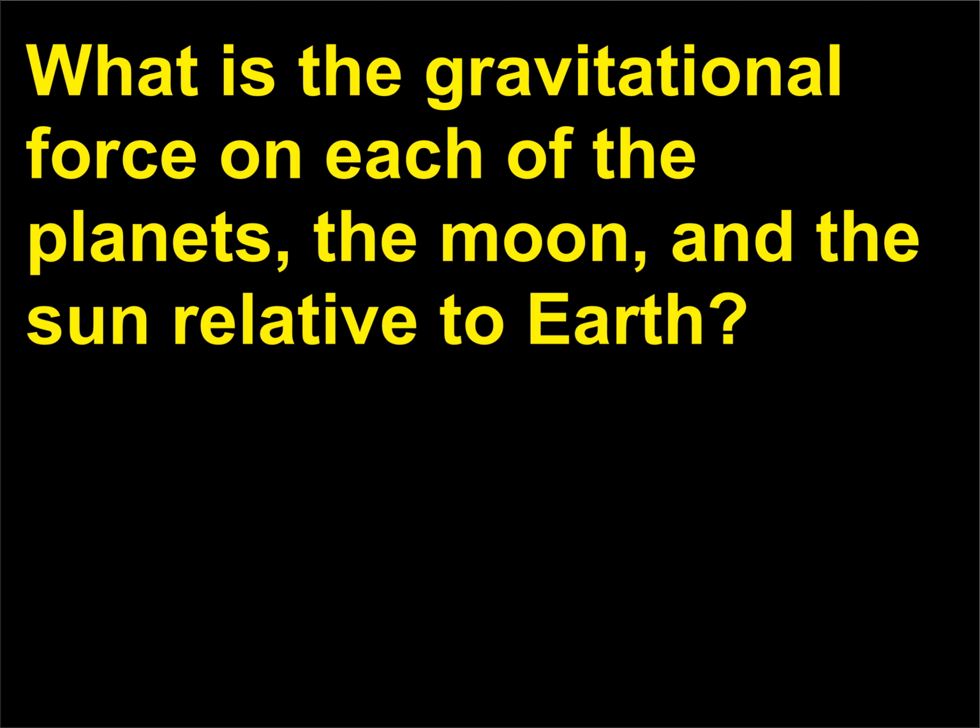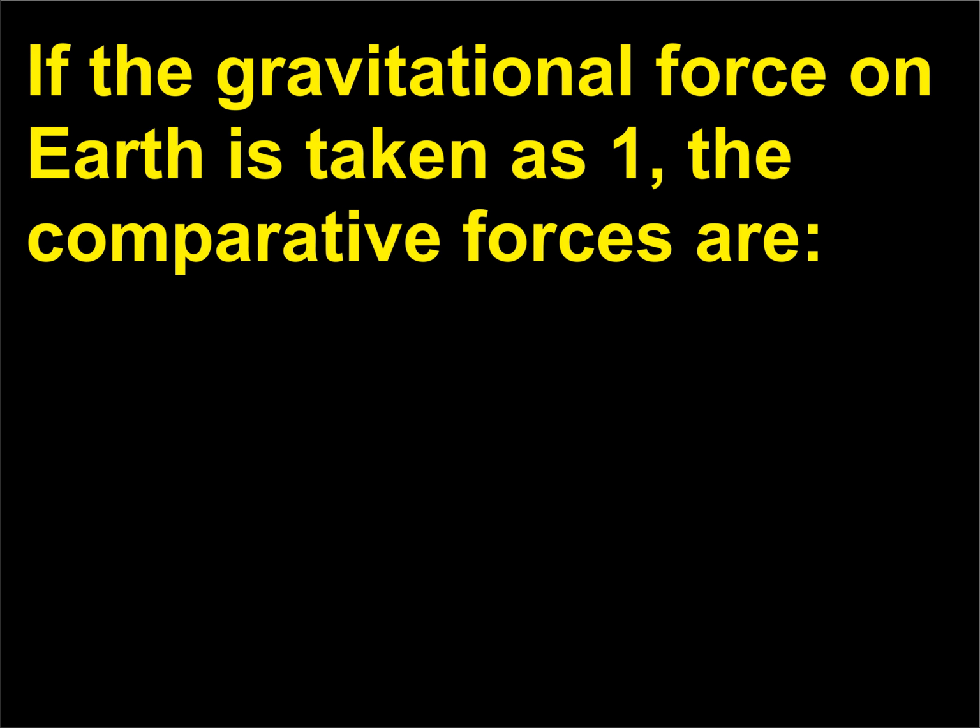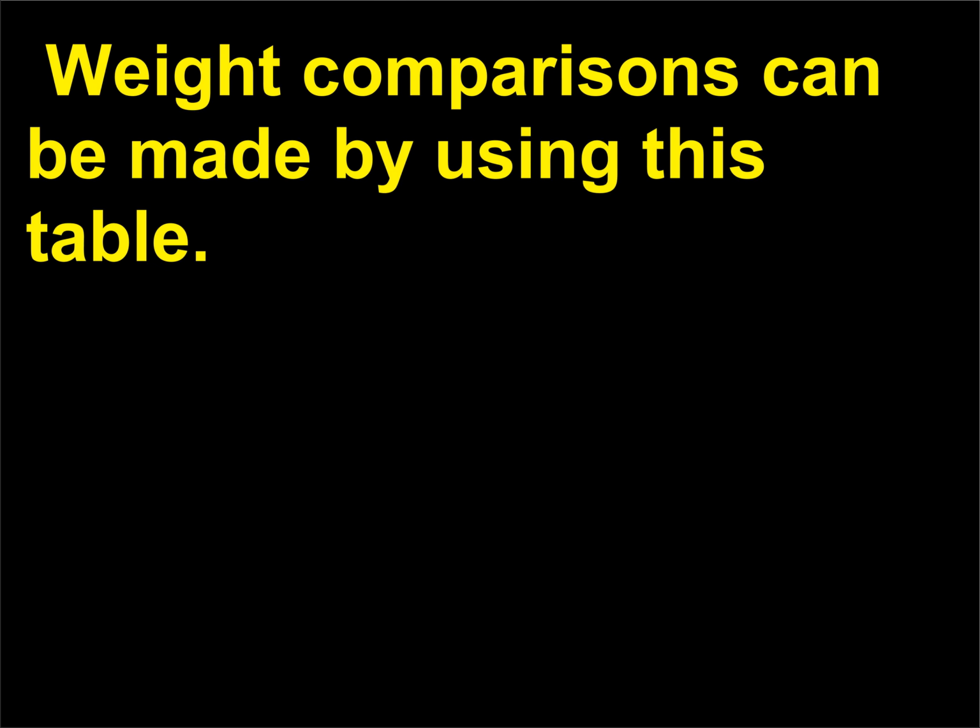What is the gravitational force on each of the planets, the Moon, and the Sun relative to Earth? If the gravitational force on Earth is taken as 1, the comparative forces are: weight comparisons can be made by using this table.